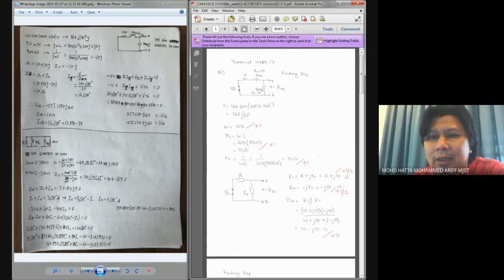In general, this is also correct, but you don't need to waste your time converting from sine to cosine unless it's stated that you need to present your answer in a cosine waveform. If you look at my solution, I just take the information using the sine sinusoidal equation over here. So 160, the angle, I just put it over here. Why?